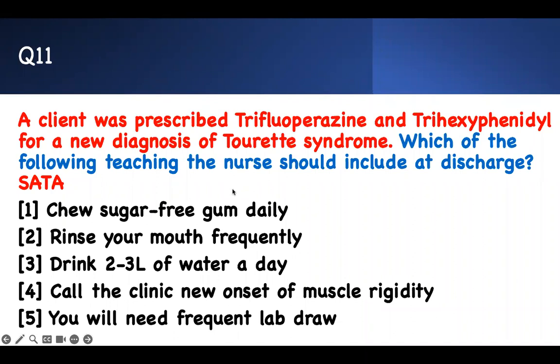Which of the following teaching should the nurse include at discharge? I have to include something at discharge. The client was prescribed trifluoperazine and trihexyphenidyl for a new diagnosis of Tourette syndrome. A bunch of words, a bunch of T's, a bunch of big words.